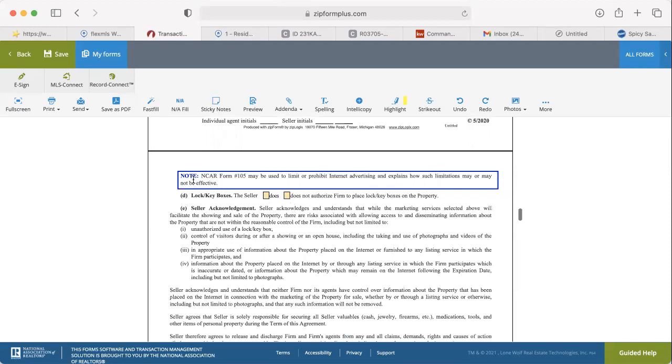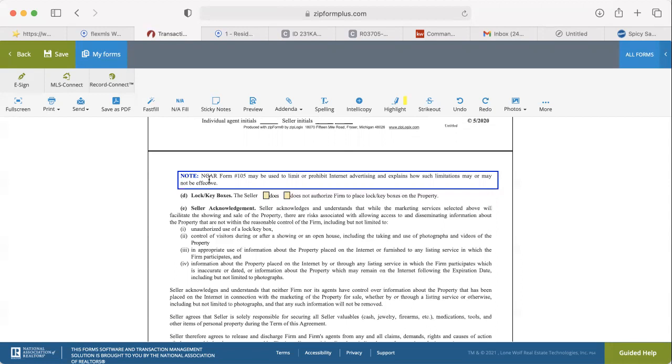So down here, then it says, note, NCAR Form 105 may be used to limit or prohibit internet advertising and explains how such limitations may or may not be effective. So you may get a seller that says, I don't want my house showing up on the internet. I don't want people knowing that my property is for sale.